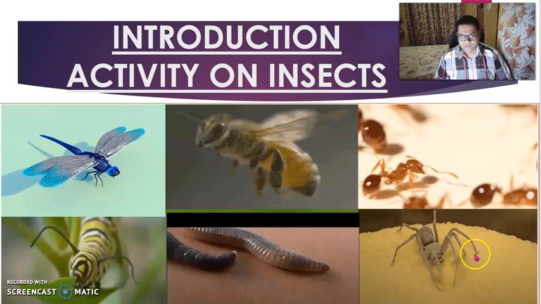Next one, what is this? This is the spider. It's a big spider. So what it does, it eats the insects. This is a big one. Next we'll go to this insect. This insect is a caterpillar. What does the caterpillar give us?